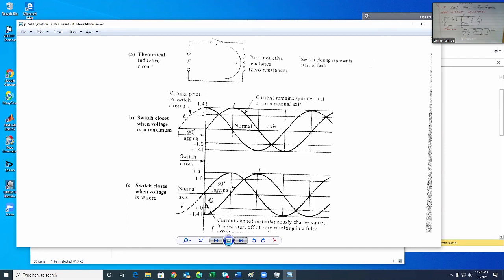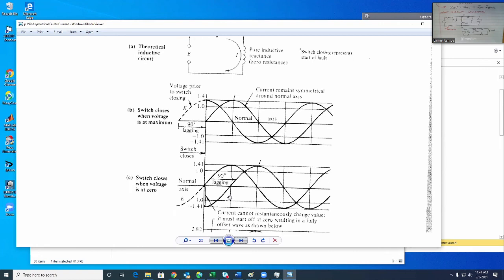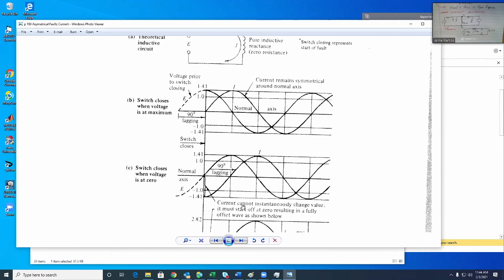But there is a caveat here: current cannot instantaneously change value. The current cannot jump from zero to a finite value in zero time. That's not allowed.